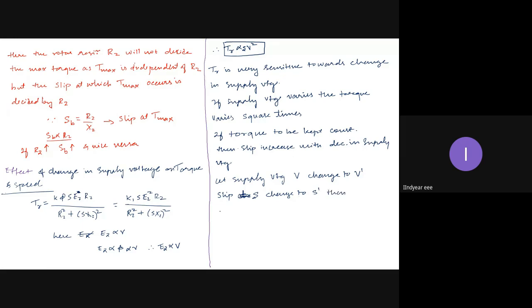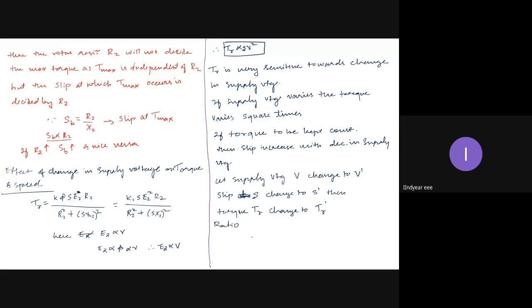Then torque TR changes to TR dash. Now, if I want TR dash and TR to be constant, let us take the ratio.